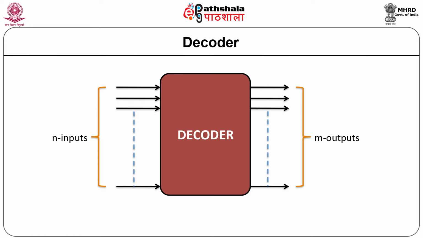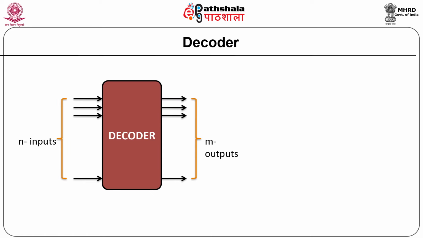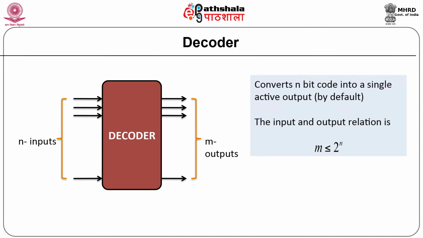A decoder has n input lines and m output lines. There are 2^n possible input combinations and the number of outputs m is less than or equal to 2^n. That is, m ≤ 2^n.